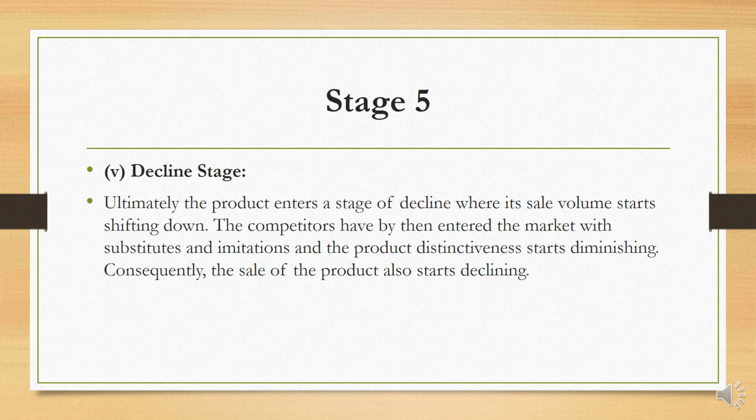Ultimately, the product enters a stage of decline where its sales volume starts shifting down. The competitors have by then entered the market with substitutes and imitations, and the product's distinctiveness starts diminishing. Consequently, the sales of the product also start declining.